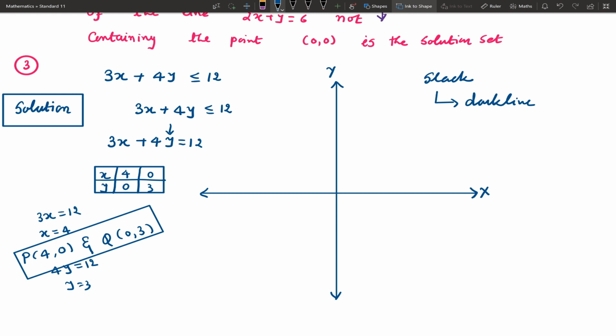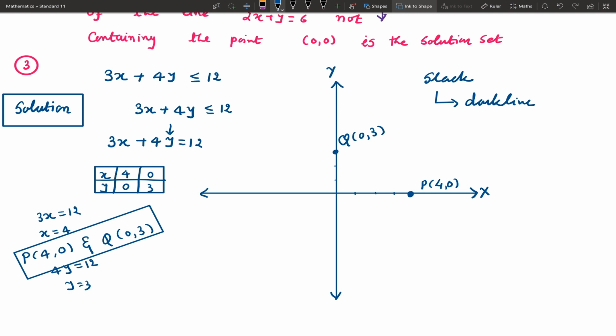P (4, 0): 1, 2, 3, 4, so this is the point P (4, 0). Now Q (0, 3): 1, 2, 3, so this is the point Q (0, 3).